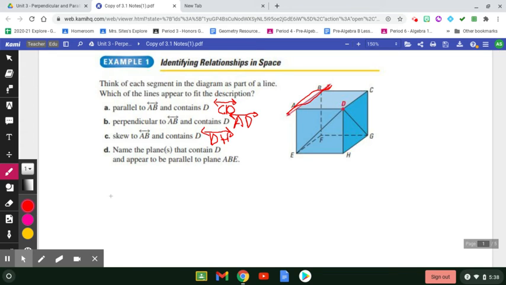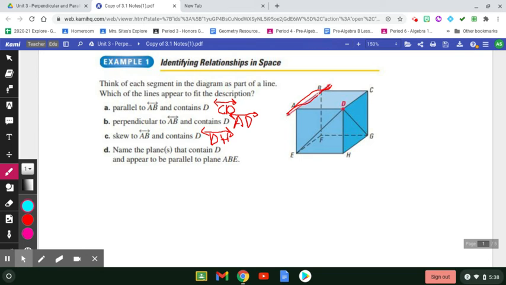All right, and then it says for part D, name the plane or planes that contain D and appear to be parallel to plane ABE. So it has to contain D and it has to be parallel to ABE. So let's see. I'm going to actually color on some things so we can see.